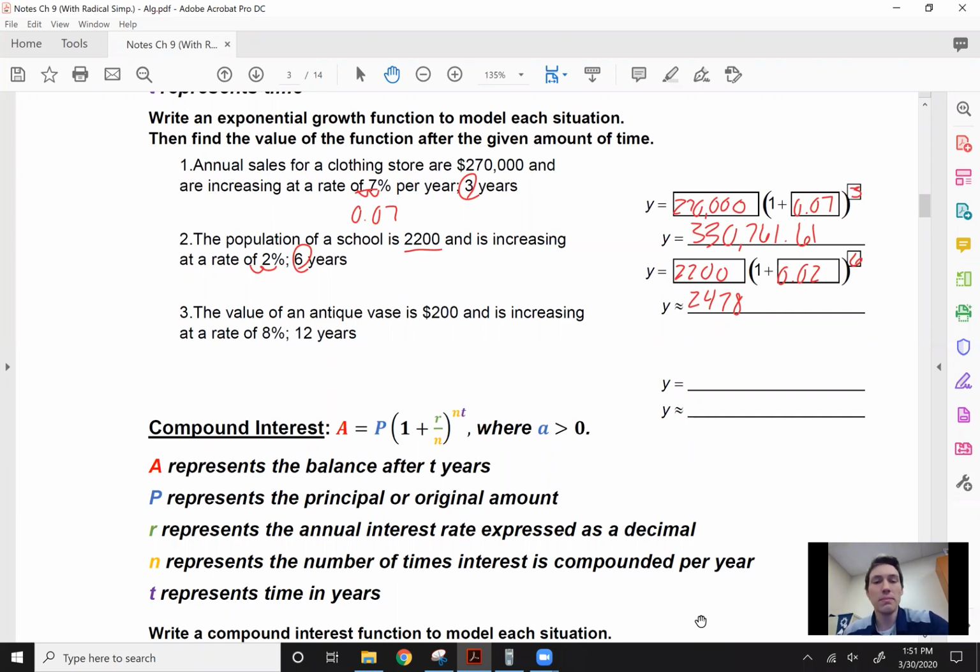Okay. Now this last one, the value of an antique vase is 200. Again, that's my initial. It's increasing, so it's 1 plus 8%. So we write 8% as a decimal after 12 years, to the 12th power.